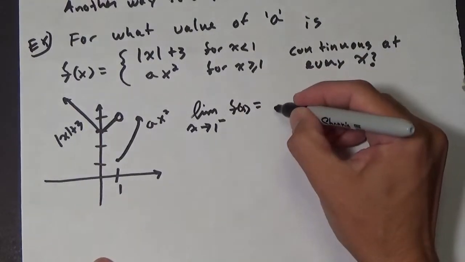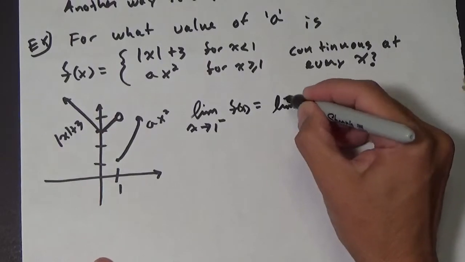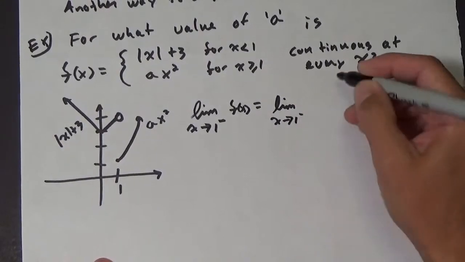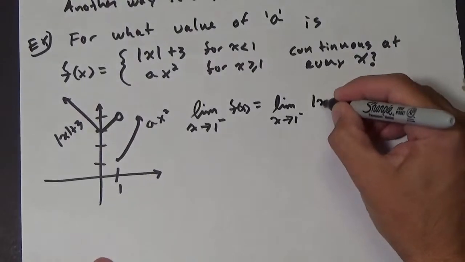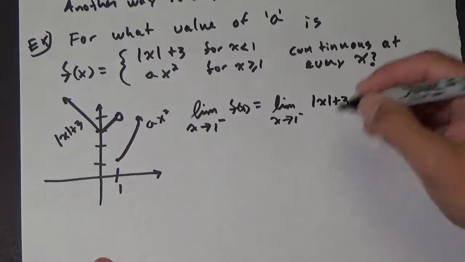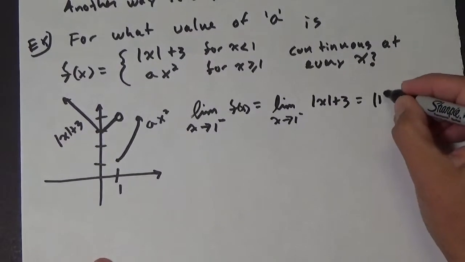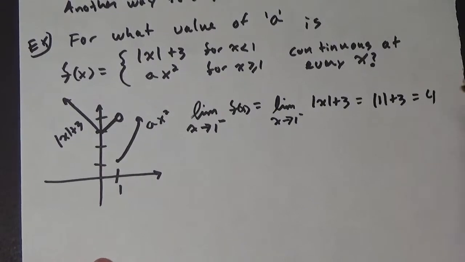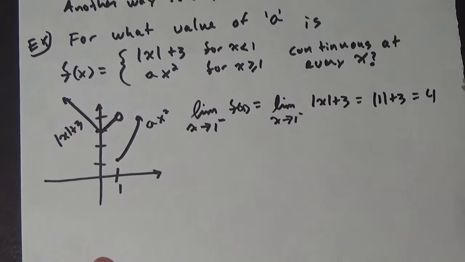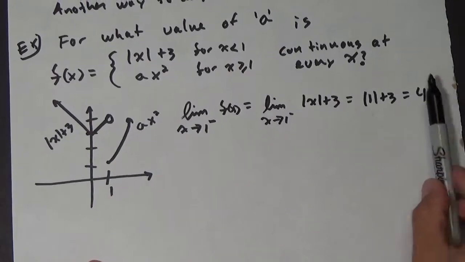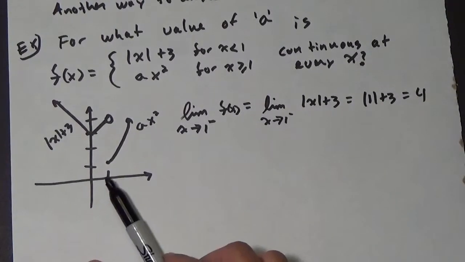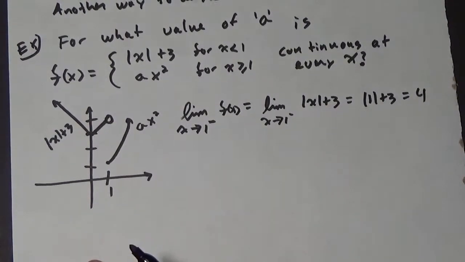Well, that is the limit as x approaches 1 from the negative side of the absolute value of x plus 3, and we substitute, so we get the absolute value of 1 plus 3, which is 4. So that is a better notation-wise way of showing that it is 4.